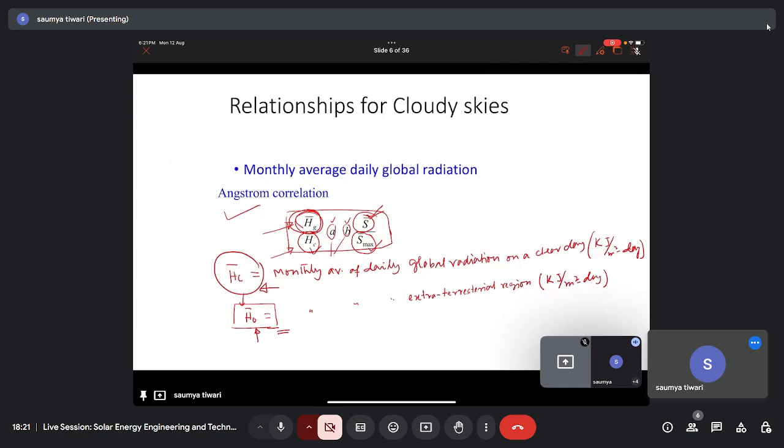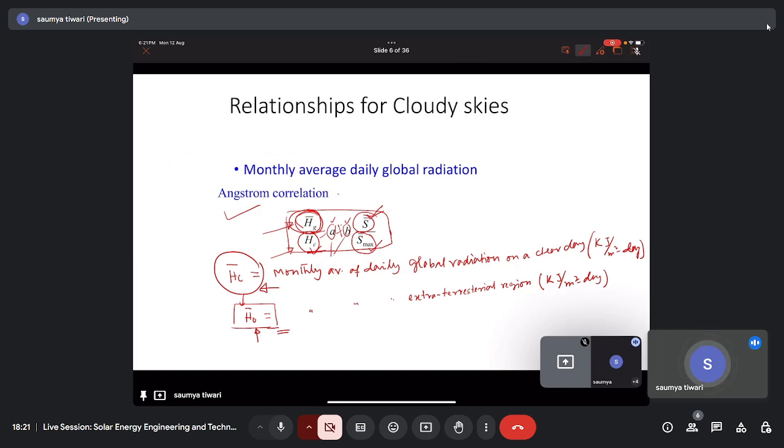Now, these are all the formulas. It will probably be given in the question, but you have to remember some of them, like this Angstrom correlation. It gives the relationship between the monthly average daily global radiation and the monthly average global radiation on a clear day.